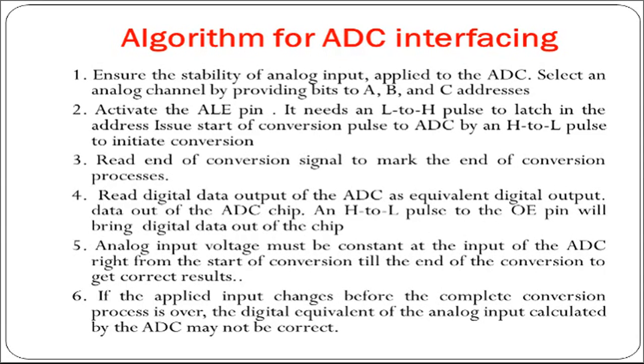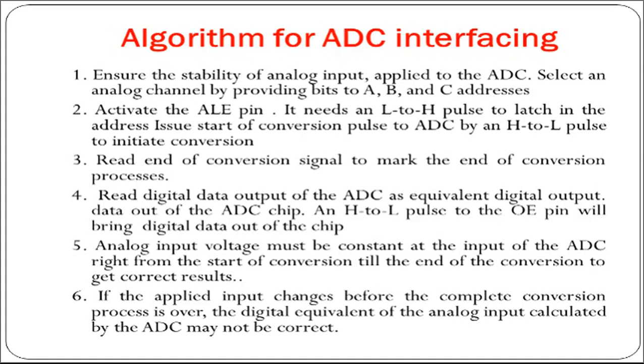Once the start of conversion is received from the 8051, the ADC will start converting the data using the successive approximation technique. It will read the data from the input channel and map it to one of the 256 levels, and now your data is converted from analog to digital.